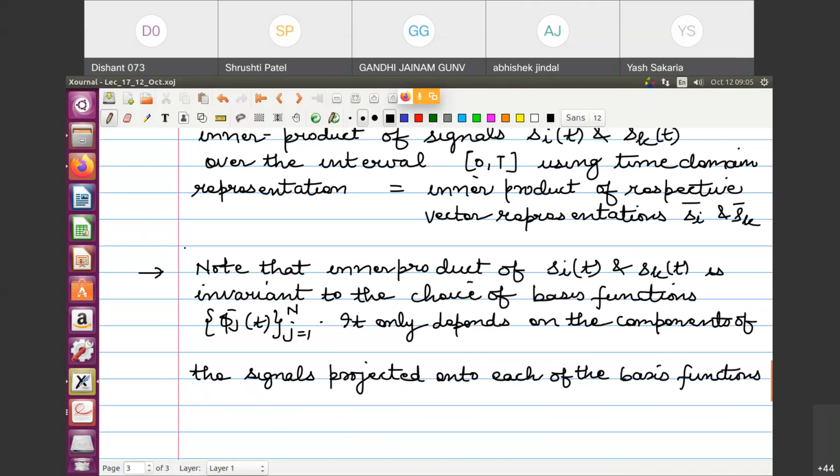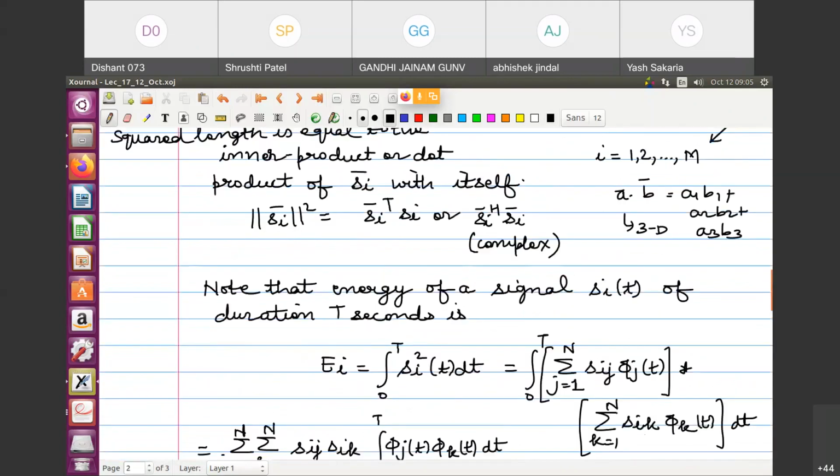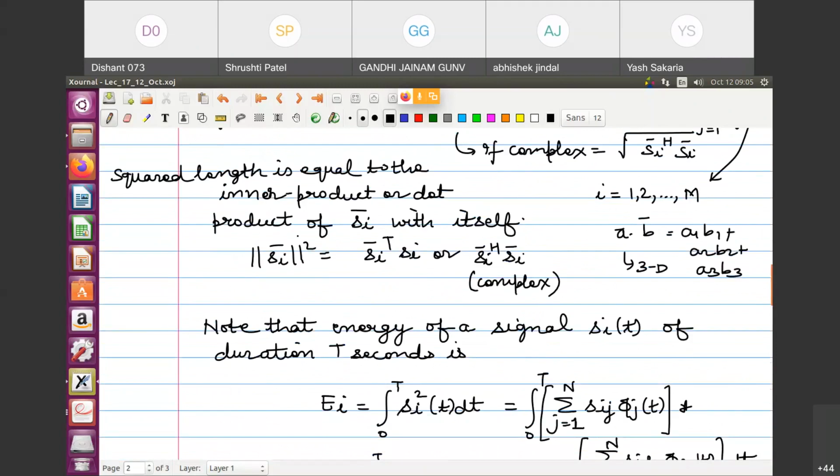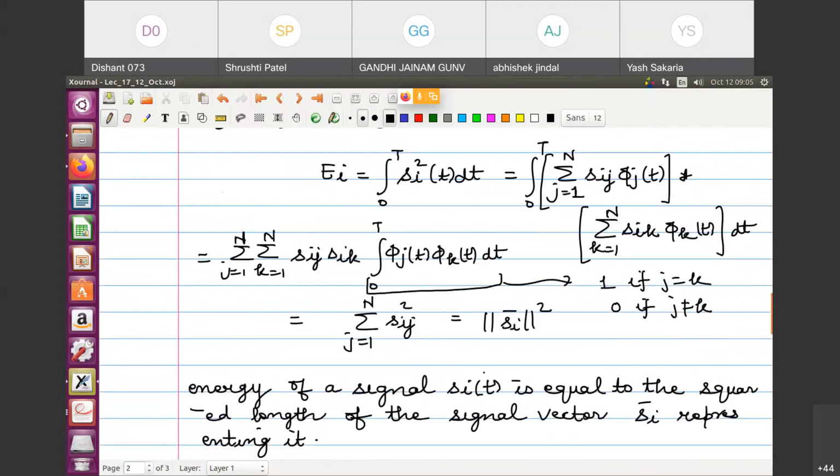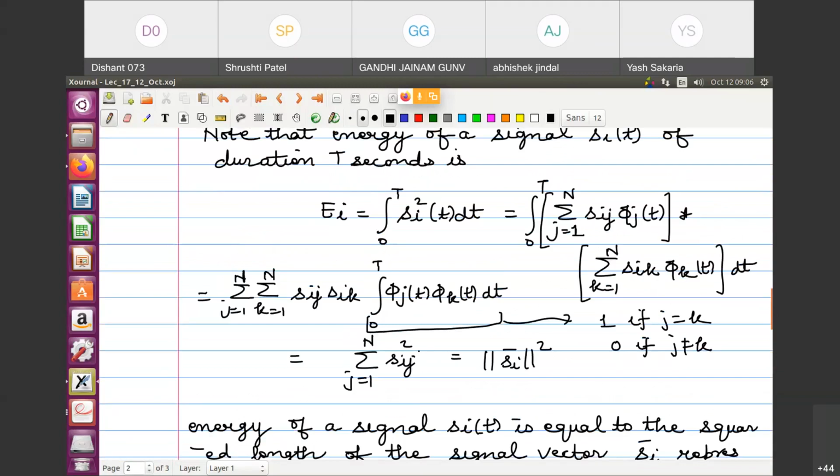Okay, this is important. Look at the analogous quantities we found here. If we were finding the energy, we said that it is equal to simply the squared length of the vector representing the signal in the signal space, but there is no mention of the basis functions. We use only two properties of the basis functions.